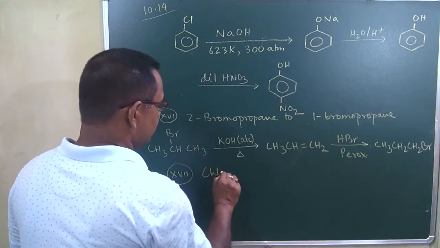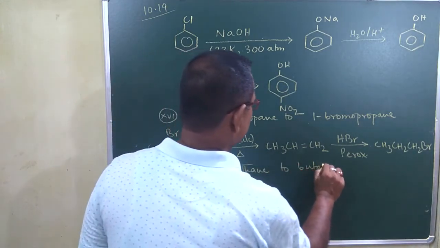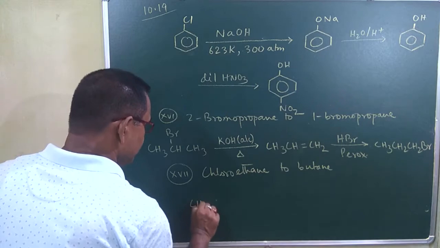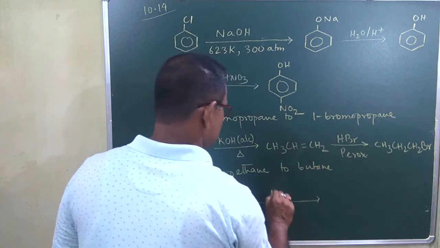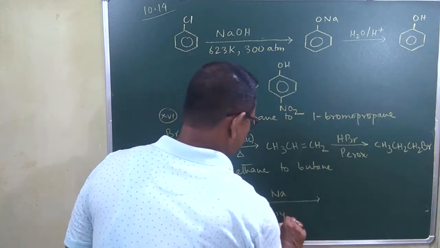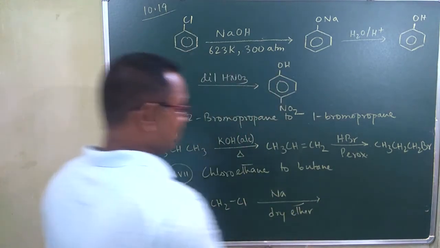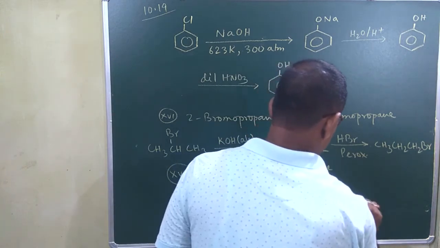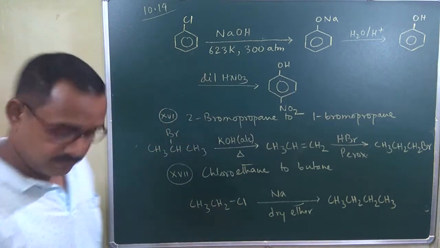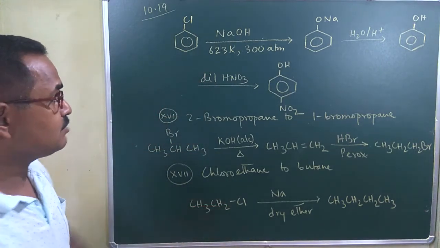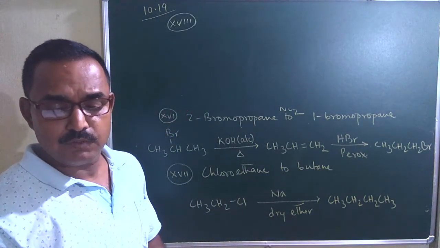Next, chloroethane to butane. This is simple. This is chloroethane. If you carry out Wurtz reaction, that is treatment of chloroethane with sodium in dry ether, this will give you butane. Okay, chloroethane to butane. So this reaction is Wurtz reaction. Come to the next. Benzene to diphenyl.